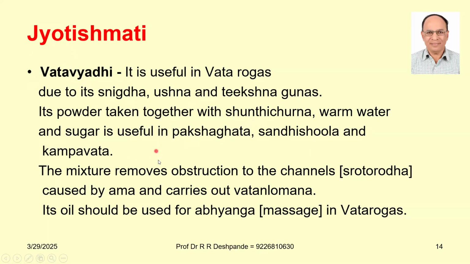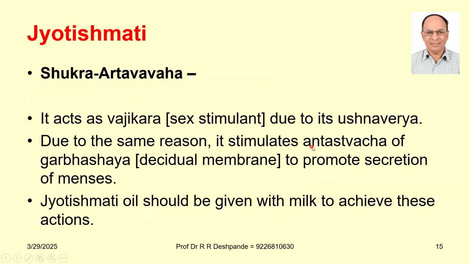This particular mixture removes the obstruction to the different body channels caused by ama, that is, the toxin of indigestion, and carries out Vatanulomana, that means normal nerve conduction and normal peristaltic movements. Jyotishmati oil can be used for full body massage in Vata or neurological problems or musculoskeletal problems.